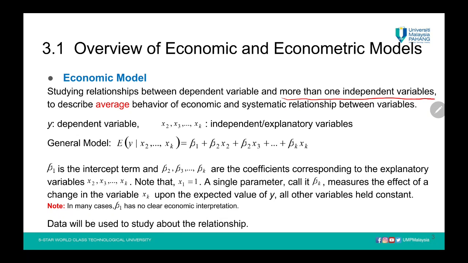The general economic model for multiple linear regression is shown by this equation, where E represents the average behavior, Y is the dependent variable, x2 up to xk are independent or explanatory variables.